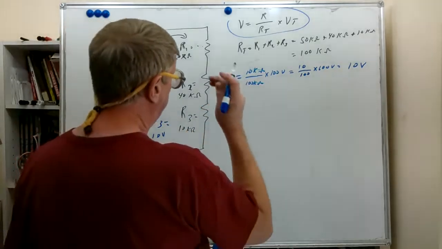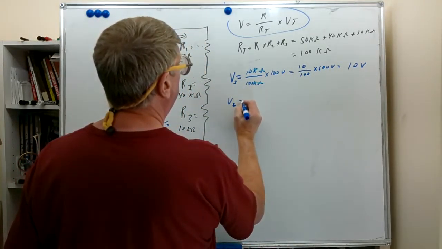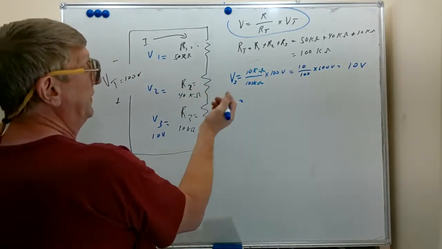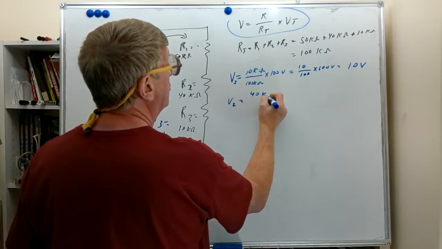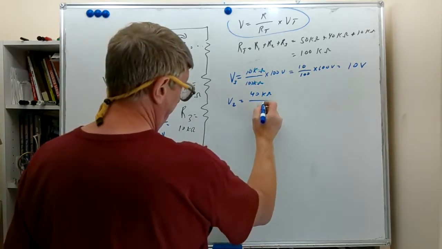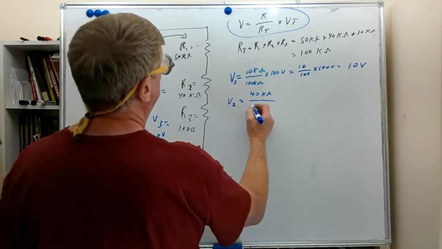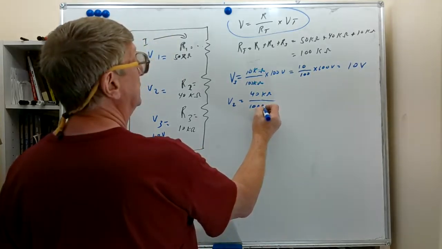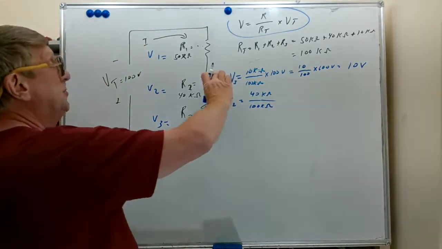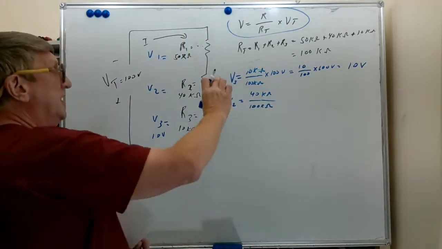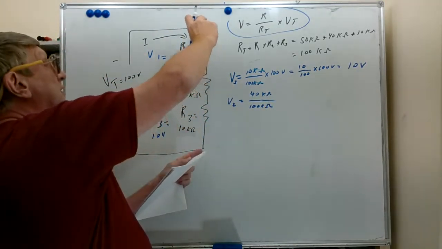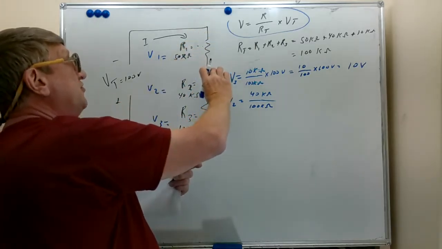Let's do V2. V2 equals 40K ohms over 100K ohms for total. So we're looking at how much this piece is of the total resistance. That's what this fraction is. The ratio of R2 to our total.